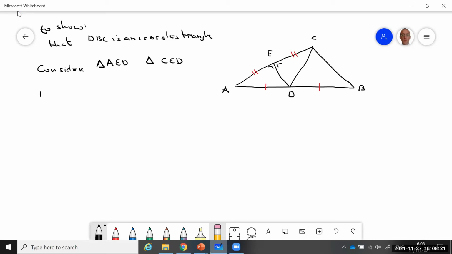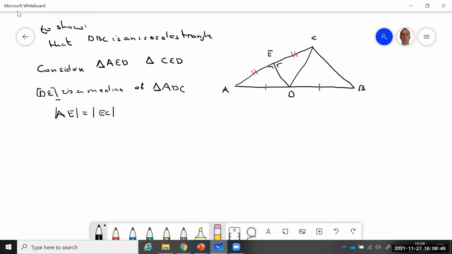So line segment DE is a median of triangle EDC. Therefore, we can say, and we've jotted down in the diagram already, AE is equal to EC. I suppose the definition of a median is that it goes from the vertex to the midpoint of the opposite side.